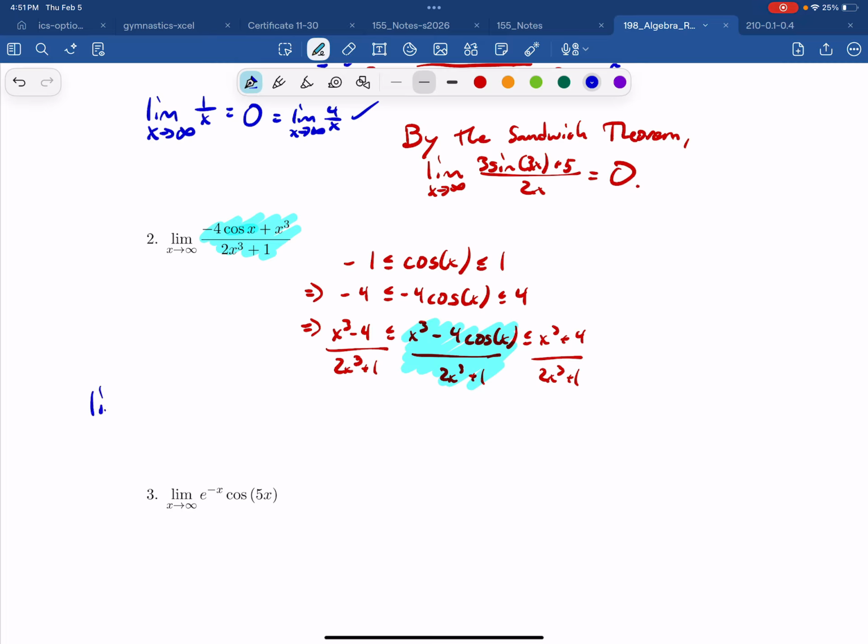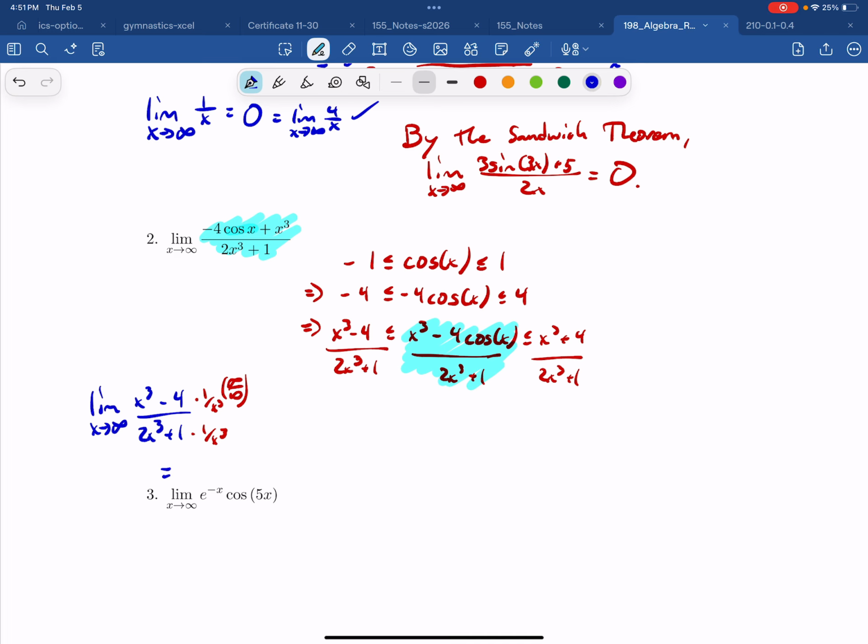The limit as x approaches infinity of x cubed minus 4 over 2x cubed plus 1, well, that's going to give us infinity over infinity, never what we want. So we're going to have to multiply the top and the bottom by 1 over x cubed.